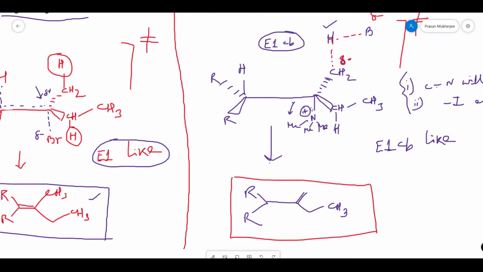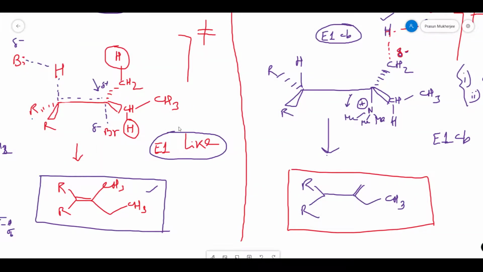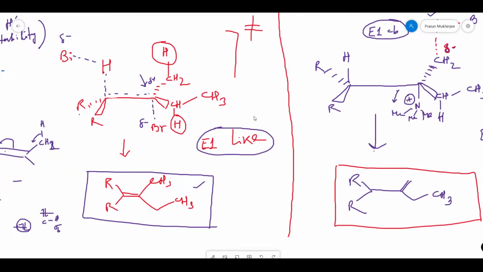But in this case the leaving group is not capable of dissociating in the transition state, and the mechanism shifts towards the E1cB end of the elimination reaction spectrum. So the impact of the leaving group is much more important in case of elimination reaction to decide whether it will be Hofmann elimination or Saytzeff elimination.